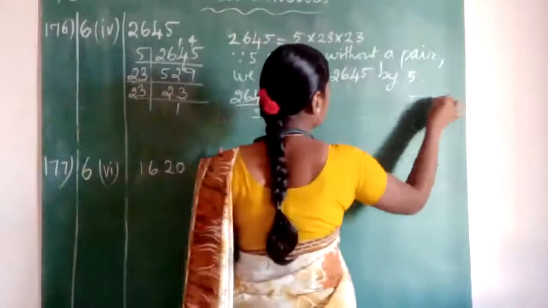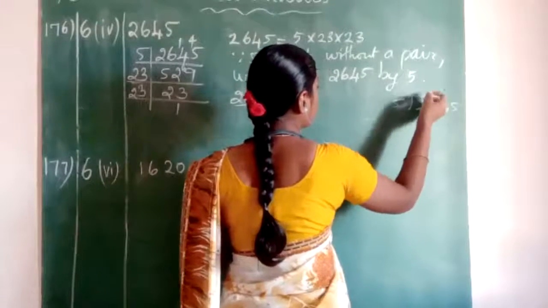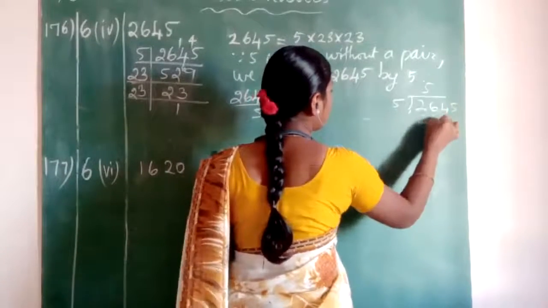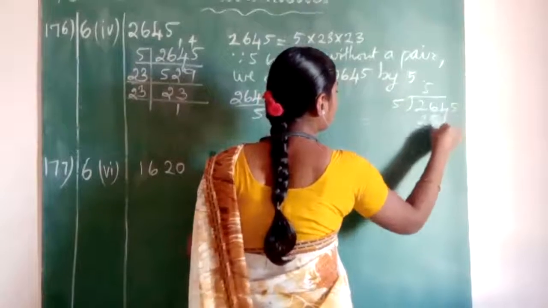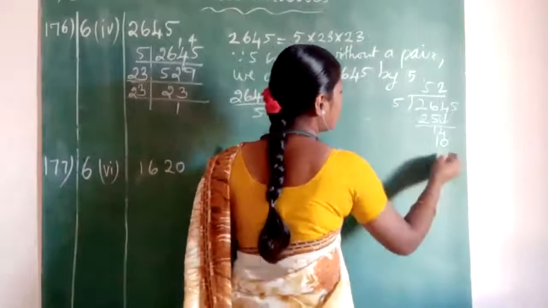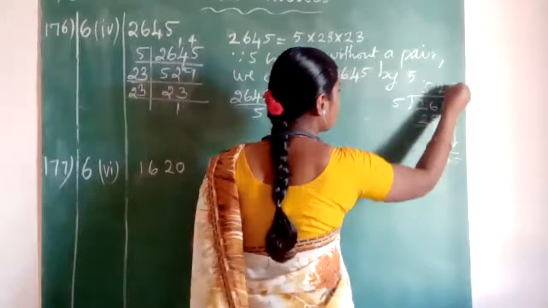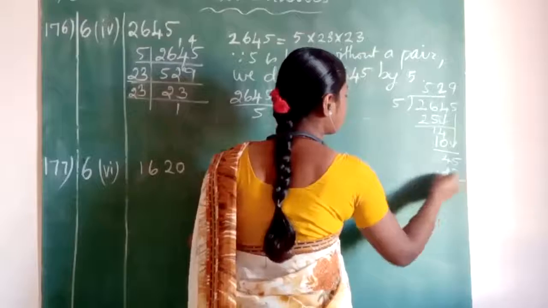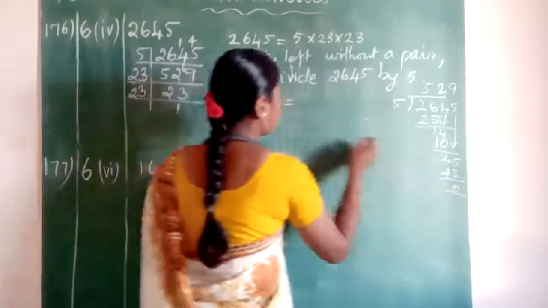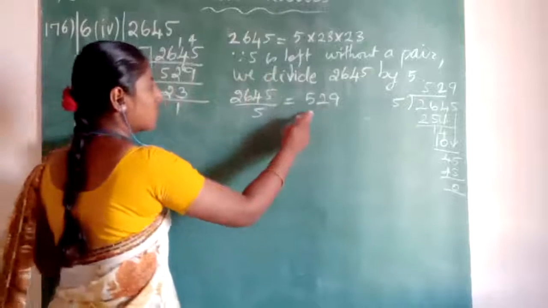Divide and see. 5 5s are 25, 1 remaining. Okay, 4. 5 2s are 10, so 4 remaining, so 45. Okay, so 9s are 45, that is 529. So this is the square number obtained.